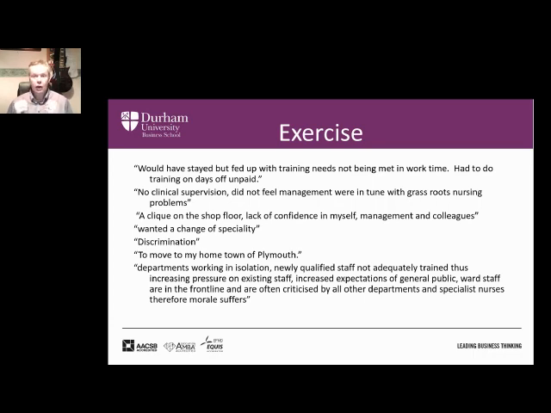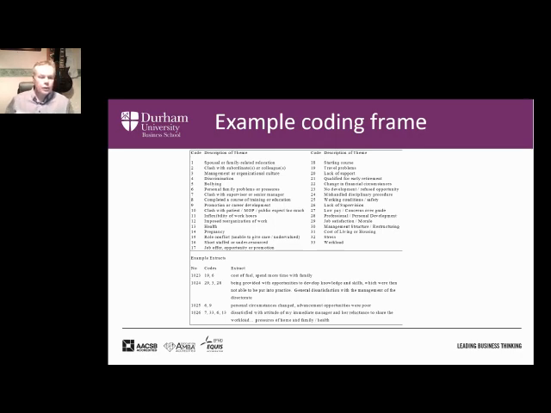So essentially, content analysis, which is like a kind of realist model of how qualitative data maps onto the world, is limited. Take this first example, would have stayed but fed up with training needs not being met in work time, had to do training on days off unpaid. So that could be relating to pay, 27, because it says about not being paid for training time.